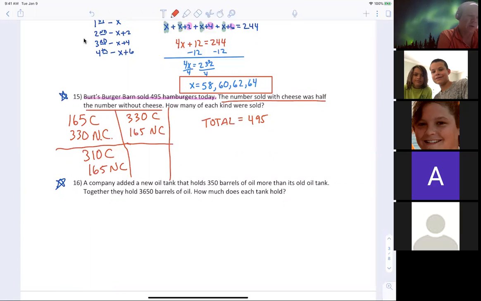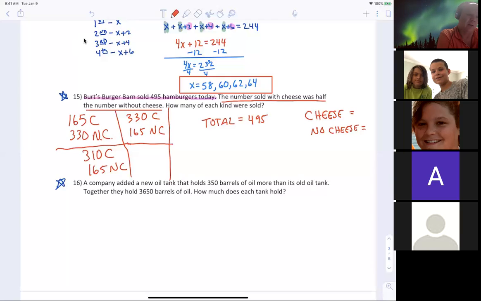So I have cheese and I have no cheese. Were there more cheese or more no cheese? The number sold with cheese was half, so cheese is less.